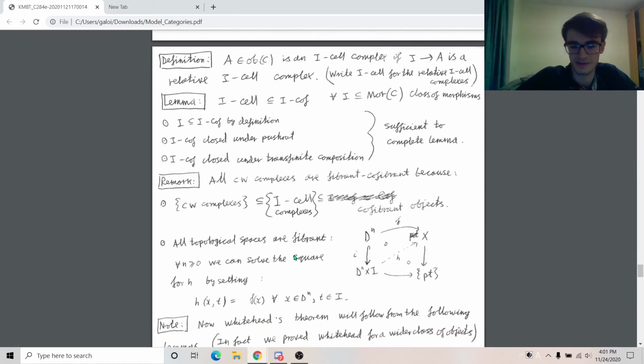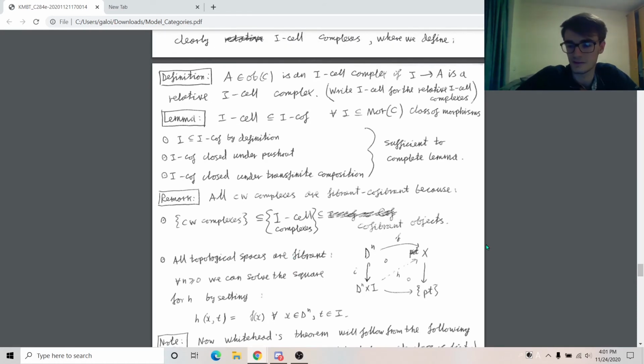So why are all topological spaces fibrant? Because being fibrant just means the unique map from your space X to the point is J-injective. So you take any map in J. Remember, the maps in J were inclusions from D^n into D^n cross I, where x is sent to (x, 0). And you want to solve any such square. But it's very easy to solve such a square.